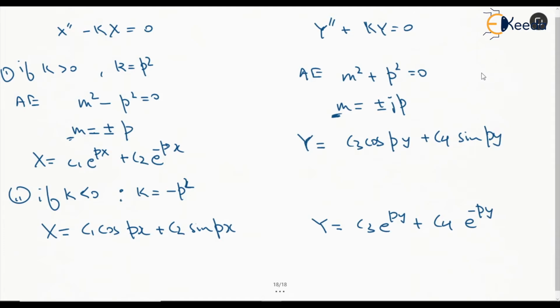We are just changing the roots. Like in the earlier case it was real and different, and here it was complex conjugate. In this case this is going to be complex conjugate, and in this case it will be real and different. So let's not do it again, rather we can directly write it.